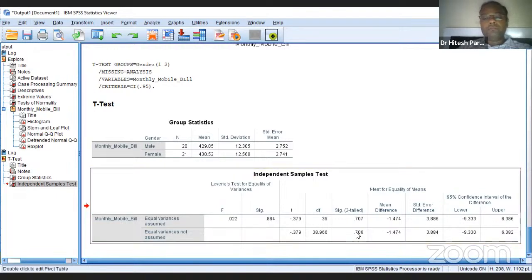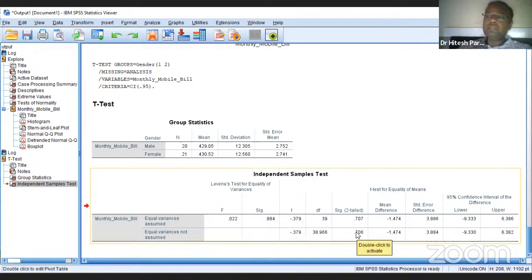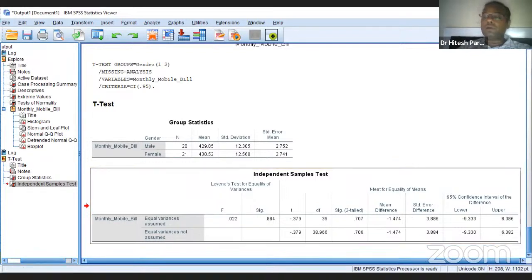Now, from the statistics point of view, there are two formulas available for the independent sample t-test. In the table, one row says equal variance is assumed, and below that it says equal variance is not assumed.